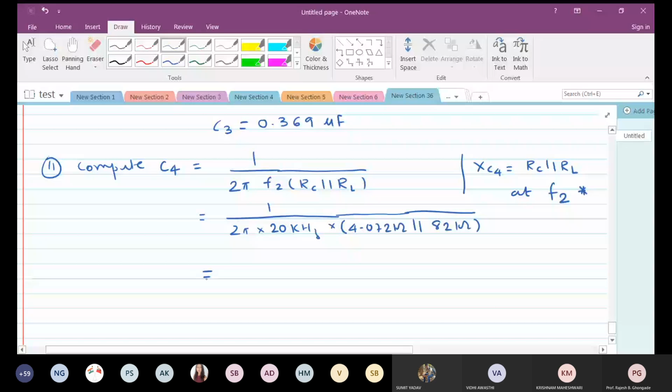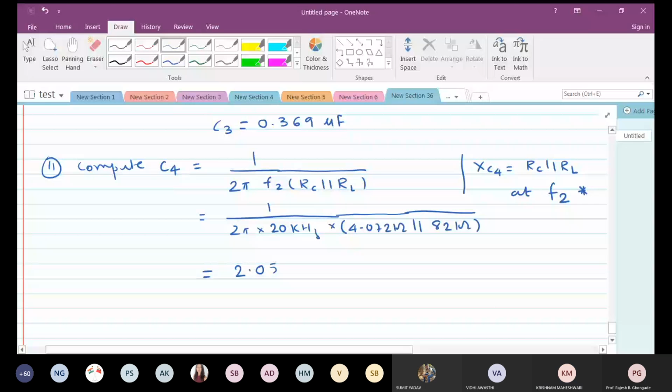Come on, be fast. So 2.05 what? Microfarad.